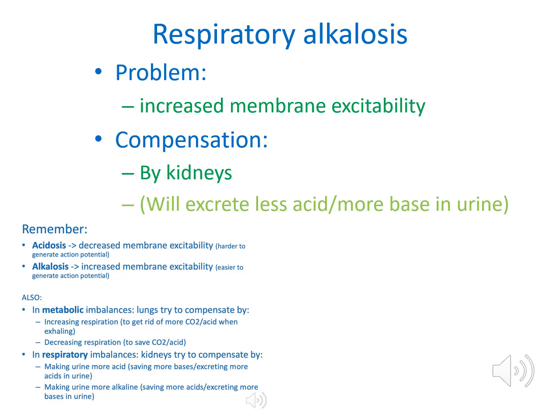But remember that we said that it does take the kidneys a while to get going, right? And if you think about some of the more common causes of respiratory alkalosis, things like anxiety attacks or panic attacks, those are things that usually don't last very long. So it might be over before the kidney even gets around to trying to compensate for it. So you may or may not see any changes in the pH of the urine as evidence that the kidneys are trying to compensate for the problem.